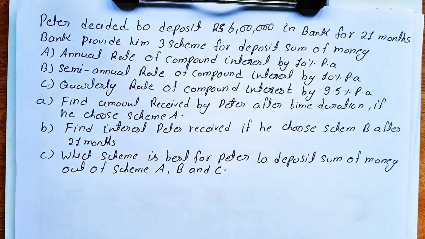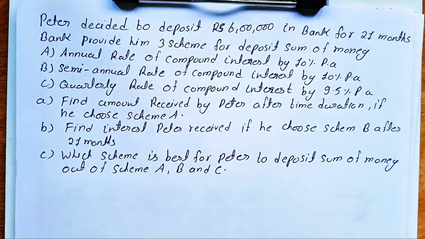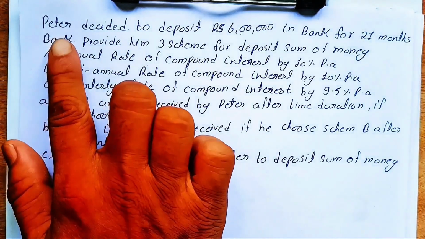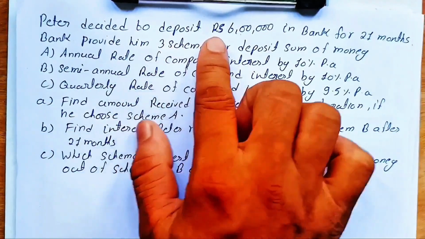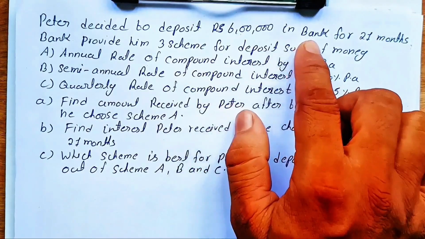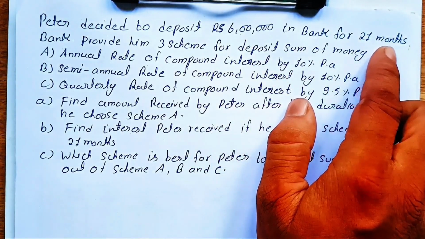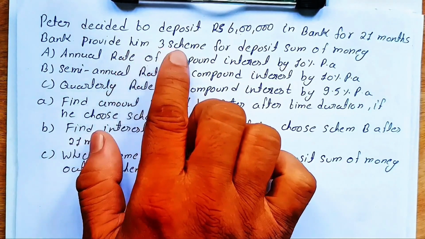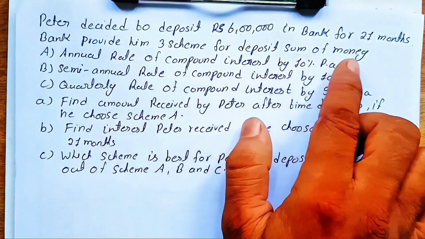Today we are going to learn a new question based on compound interest, and the question is quite interesting. So the question is like this. Peter decided to deposit Rs 6 lakh in a bank for 21 months. The bank provides him three schemes for depositing the sum of money.